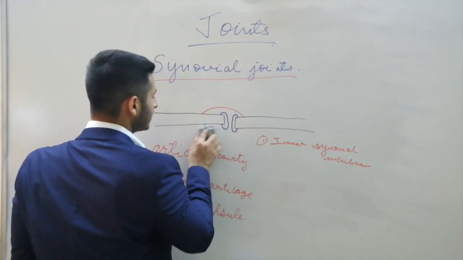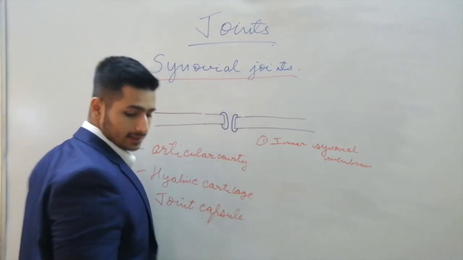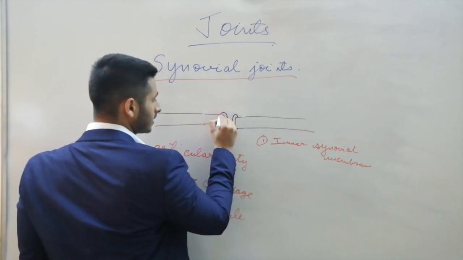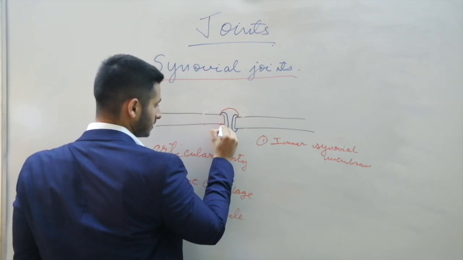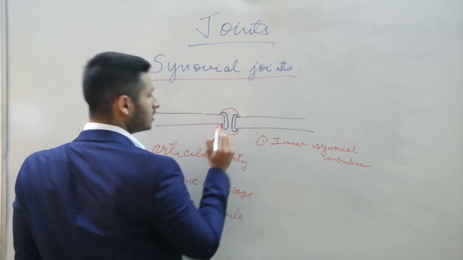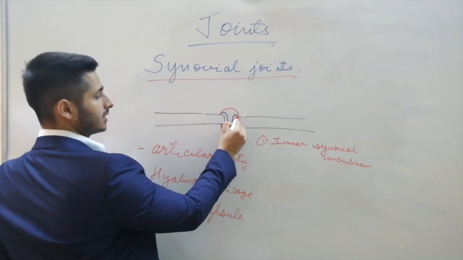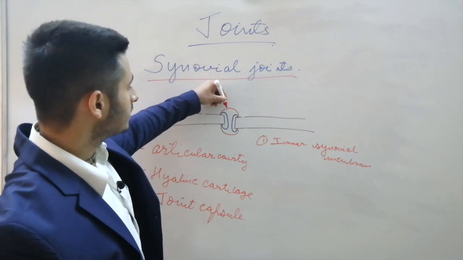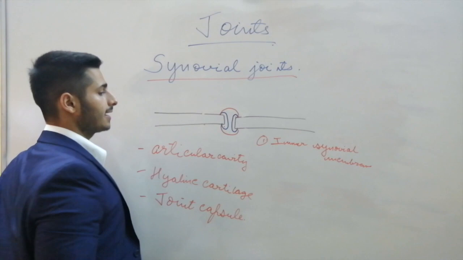Now, this inner synovial membrane attaches at the site where the cartilage joins the articulating surfaces. So, the site where the hyaline cartilage joins the articulating surfaces of the bones is the place where the inner synovial membrane attaches, and it forms the articular cavity.